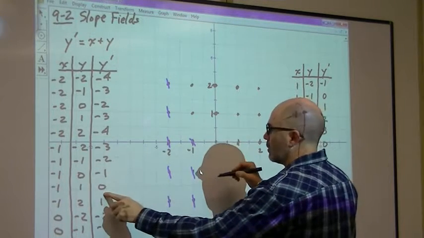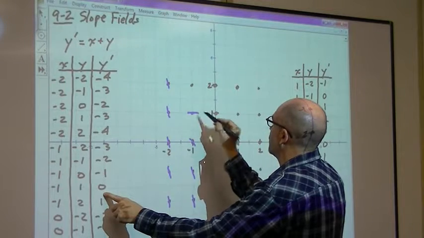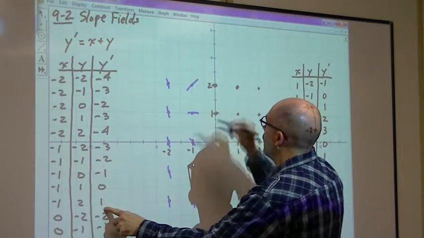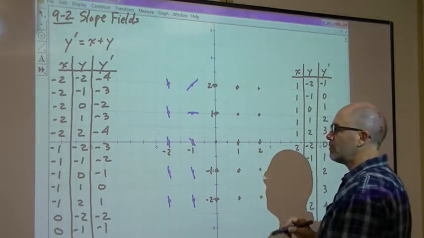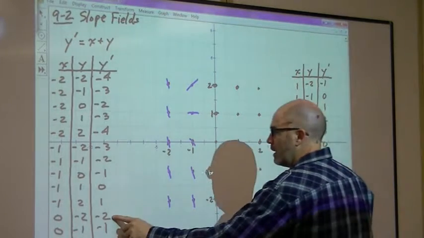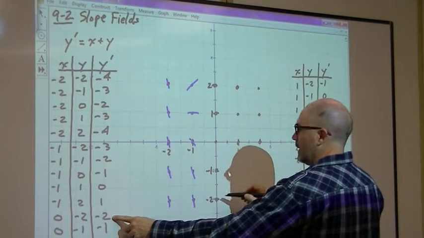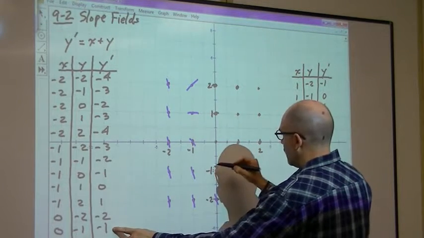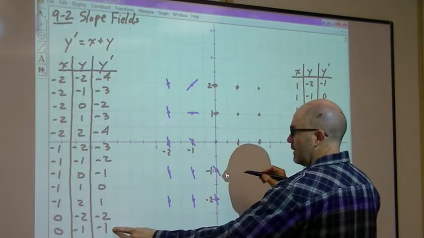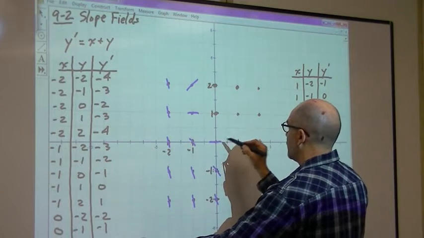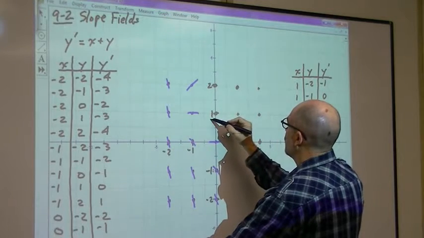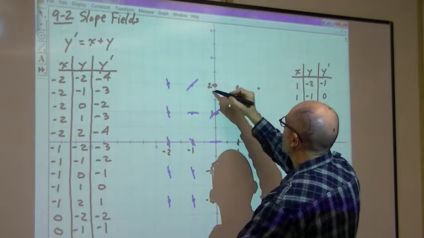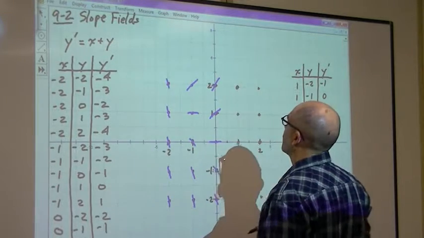Now we're starting to make a bit of a difference, and a slope of 0 here, and then a slope of 1 right there. Now 0, -2, down here is a slope of -2. Then a slope of -1, a slope of 0, and a slope of 1. It's a little shallower than 1. Now here's the slope of 2.